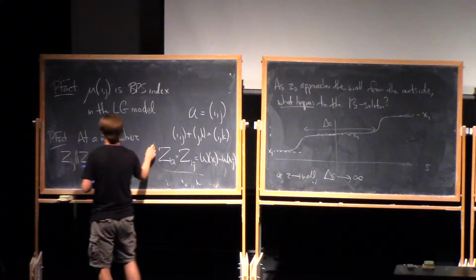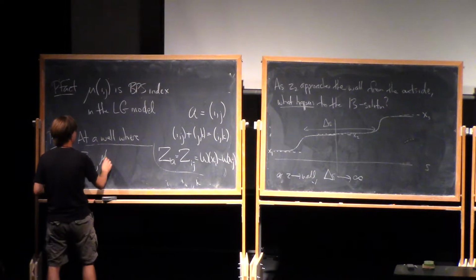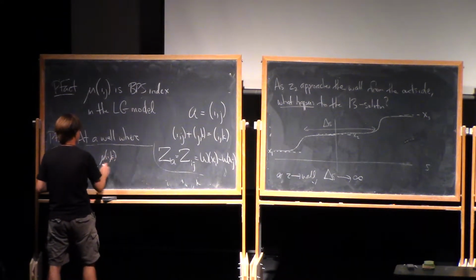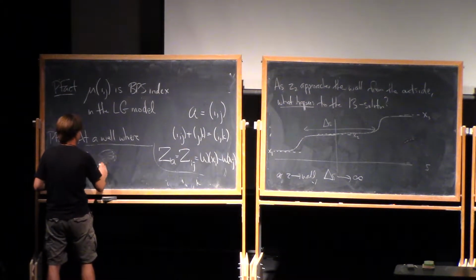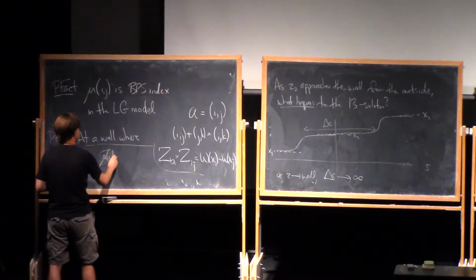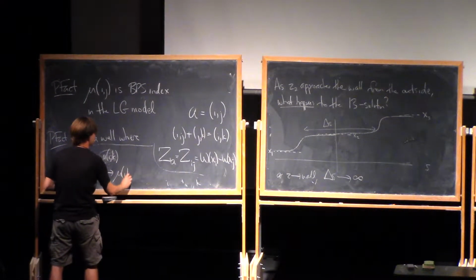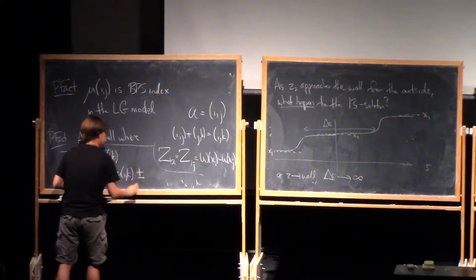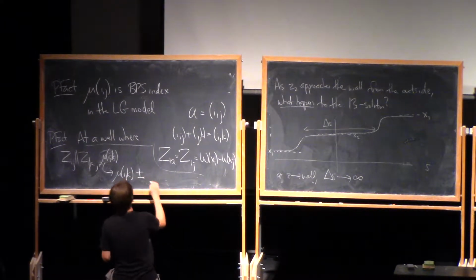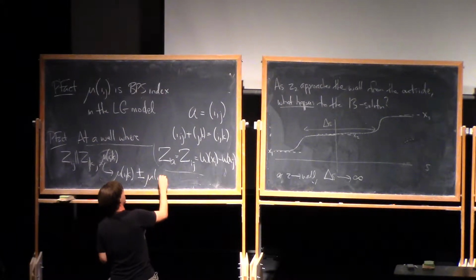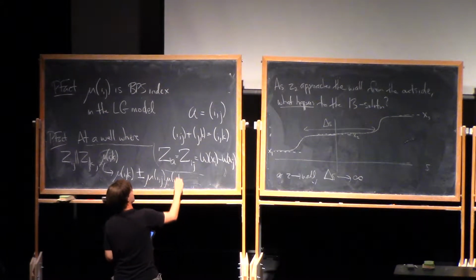The index mu of ik jumps, let's write it like this: mu of ik jumps to mu of ik plus or minus mu of ij times mu of jk.